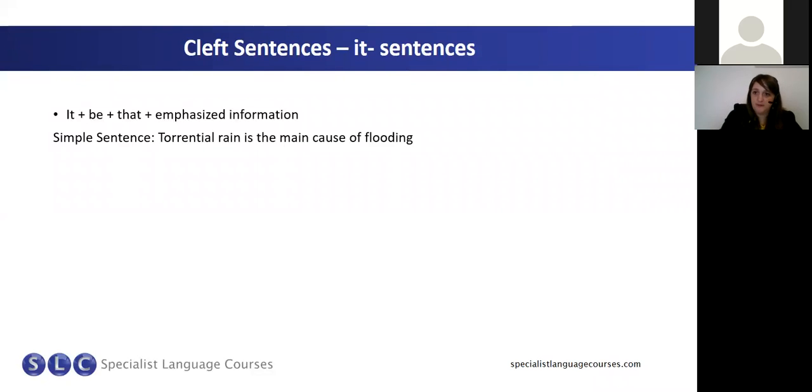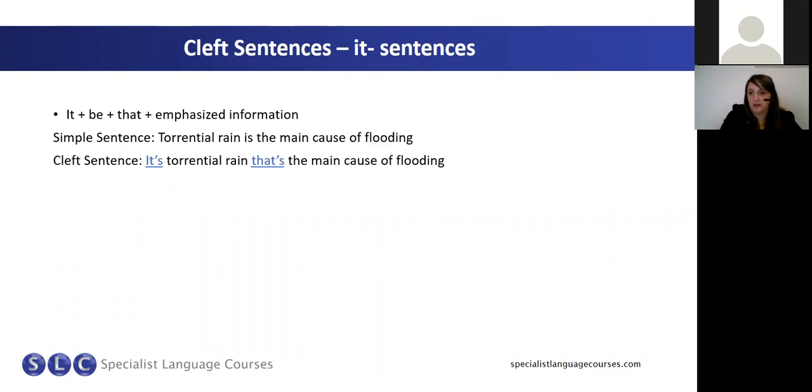Now, to add emphasis to our sentence, we can change it to it's torrential rain that is, or that's, the main cause of flooding. Now, we're looking at using cleft sentences in speaking, so we can use our abbreviations it's and that's. If you use cleft sentences in writing, which are also common, make sure you don't use the contraction.